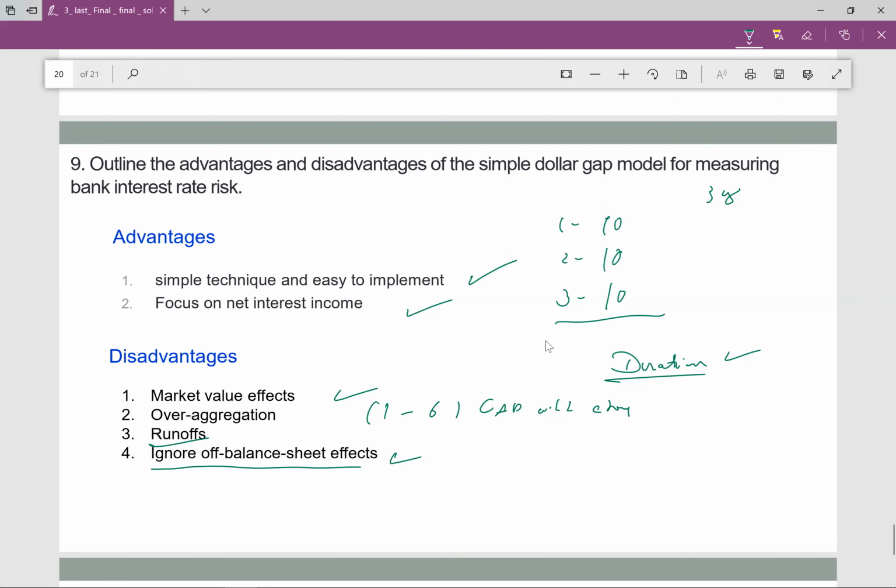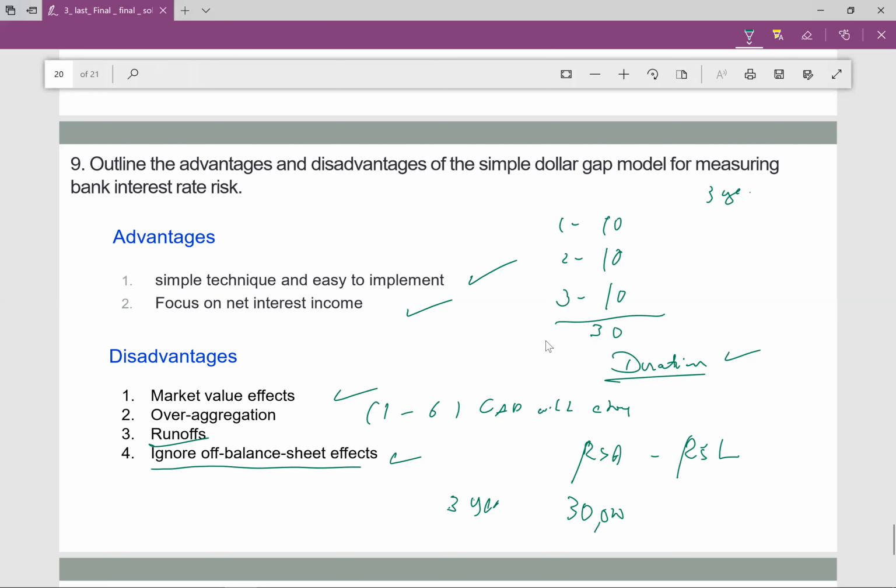When we calculate the risk sensitive assets and risk sensitive liabilities, we make this 30,000 in, for example, a 3 year horizon. It will be 30,000 risk sensitive asset.